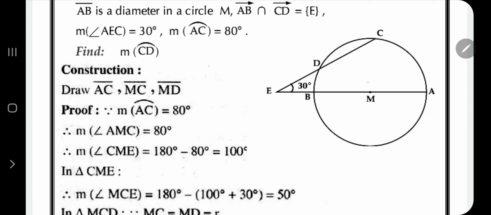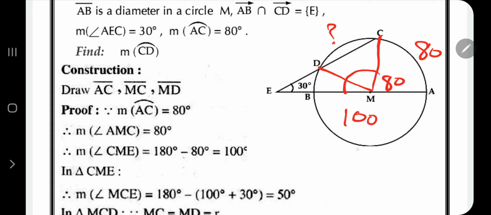In this example I will construct. At first he told me that measure of arc AC equals 80. He asked me to find this arc. I will make a construction. Here this 80, it will be 80 also. So the measure of this angle equals 100.